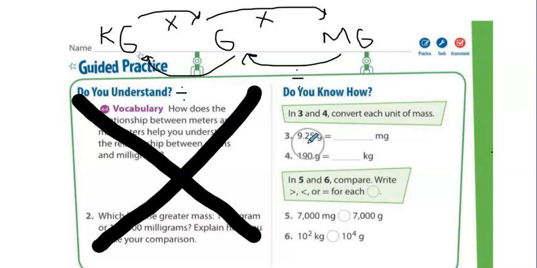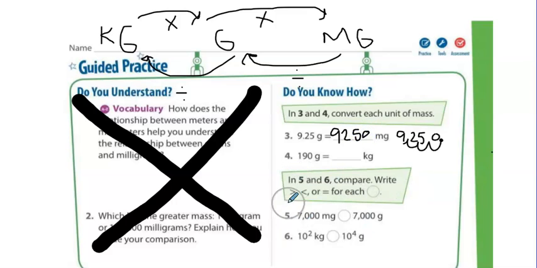So looking at number 3, we have 9 and 25 hundredths, and we're going to be multiplying that by 1,000 because we're going grams to milligrams, which means we want to move our decimal 3 times. Remember, we're moving it the same direction as that arrow, which is to the right, and then each number gets its own bowl. So right here we have an empty bowl, and then this becomes a comma, so we have 9,250.